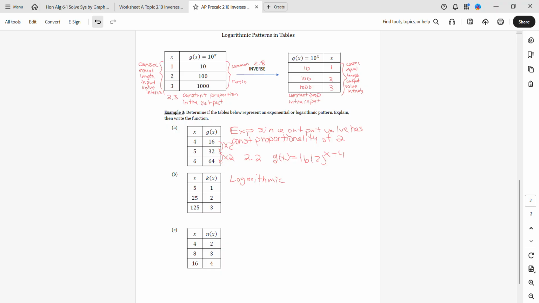Here, it's based off of multiplying. So this is logarithmic since input value has constant proportionality of 5.